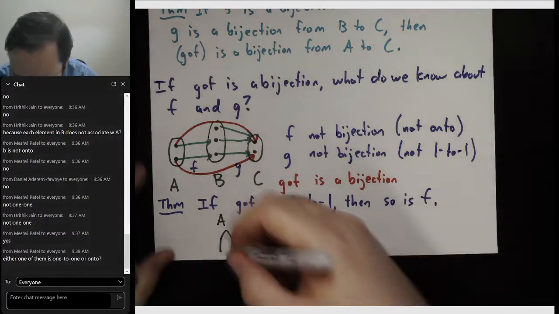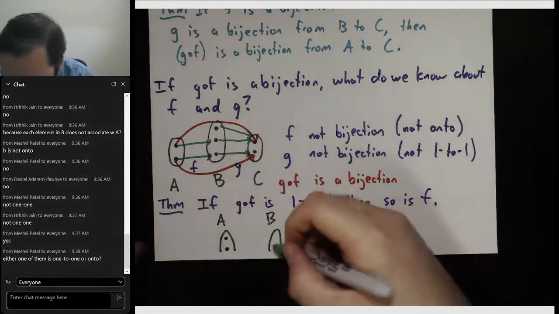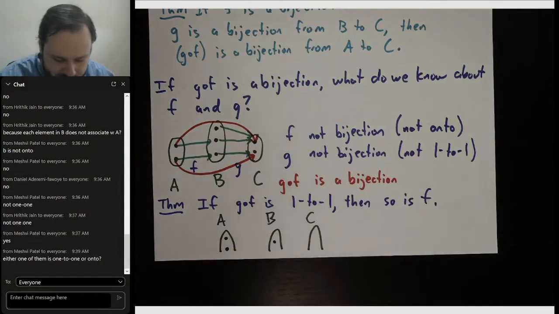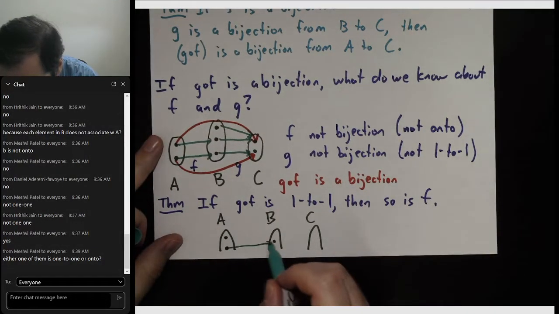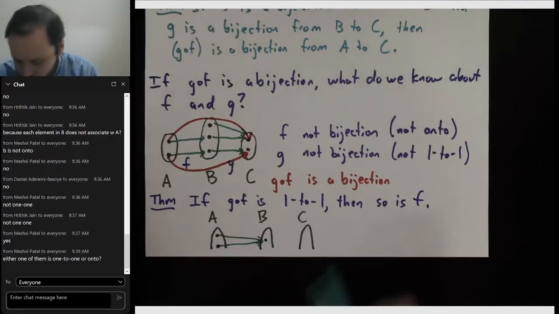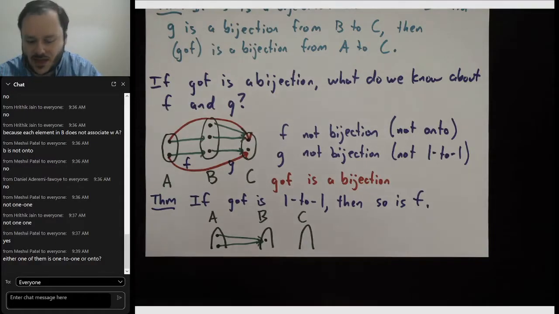I've got two elements of A. F is not one-to-one, so I've got two elements of A that point to the same element of B. And then that element of B only gets to point to one thing.